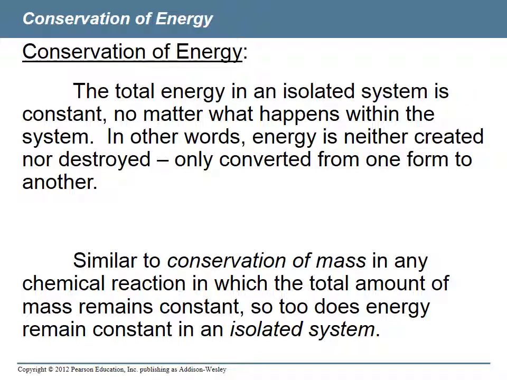You put two things together and their masses come together and create one mass, but the total mass is still the same as it was when there were two separate entities. This is of course if you don't add any more mass to it, so it's the isolated system. If I don't add any more mass to it, then the mass remains constant.